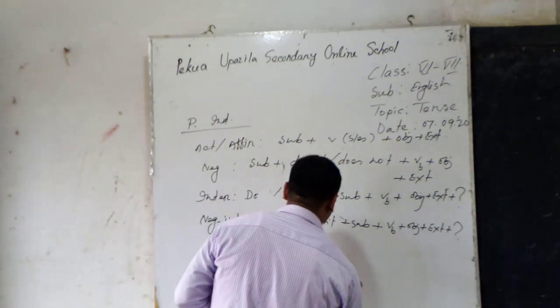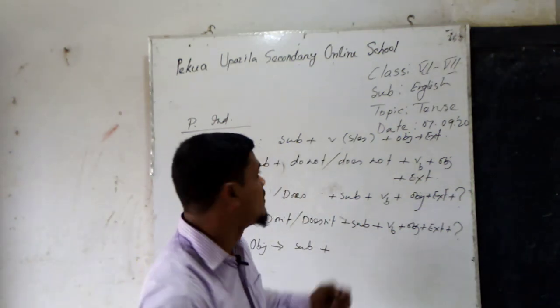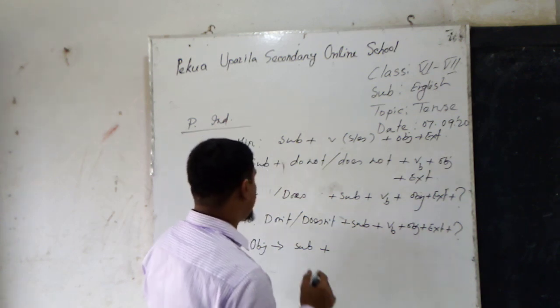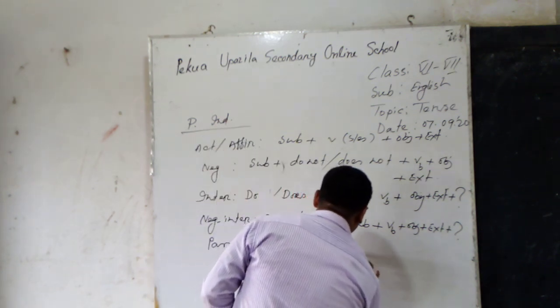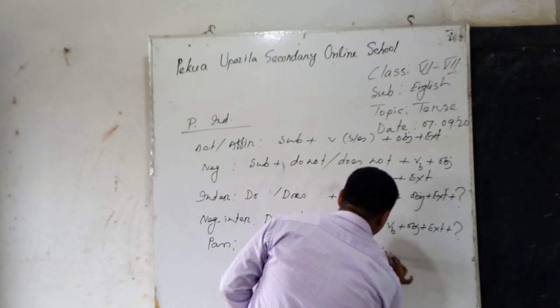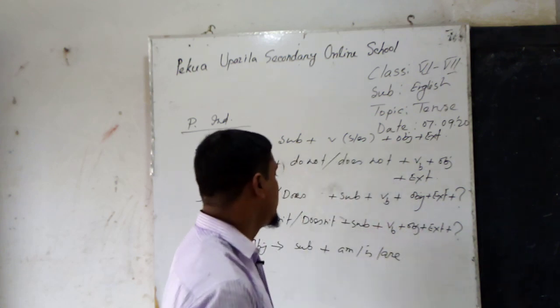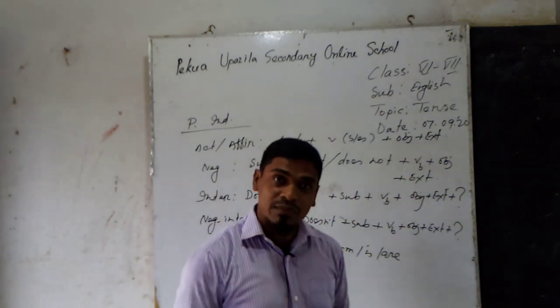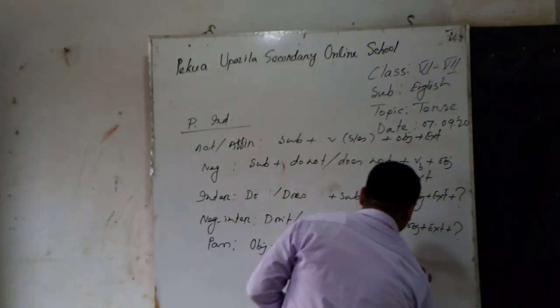And you have to use an auxiliary verb. Especially for present indefinite, you have to use am, is, are. And then you have to change the verb into the past participle form, verb 3.